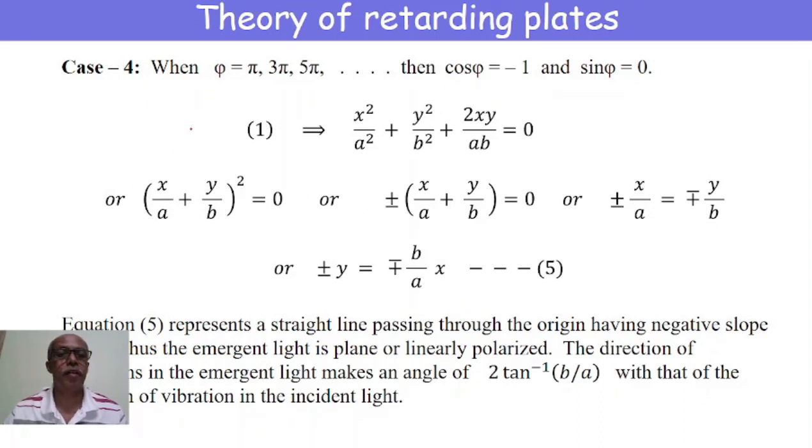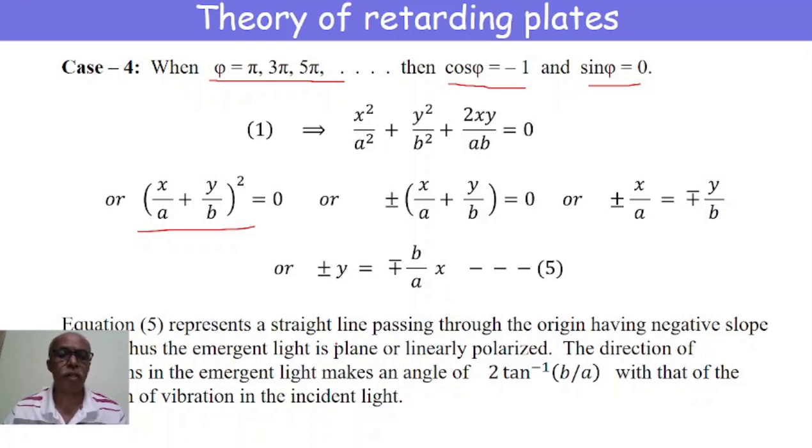Similarly, the last case, if phi equals pi, 3 pi, 5 pi, etc., the odd multiples of pi, then cos phi is minus 1, sin phi is 0. Therefore, equation 1 implies x square by a square plus y square by b square plus 2xy by ab equals 0, or x by a plus y by b whole square equals 0, or plus or minus x by a plus y by b equals 0, or plus or minus x by a equals minus or plus y by b, or plus or minus y equals minus or plus b by a into x.